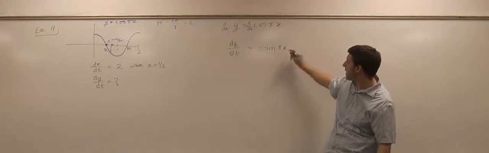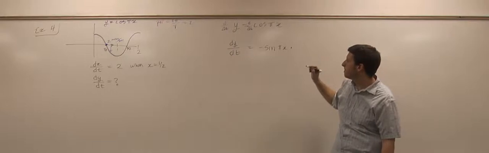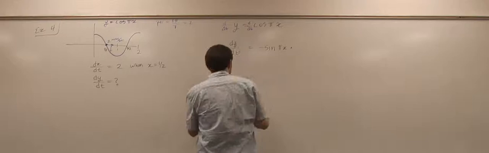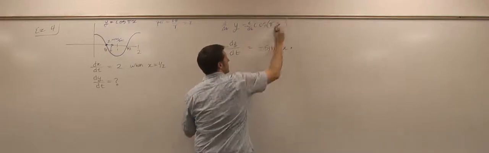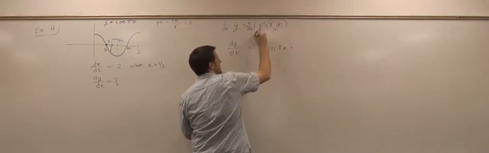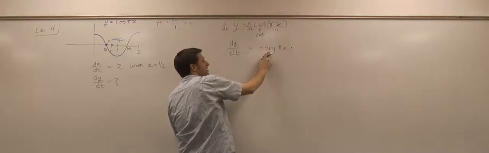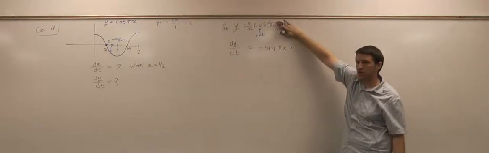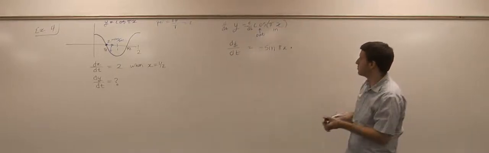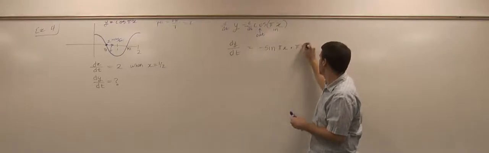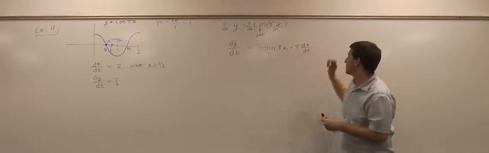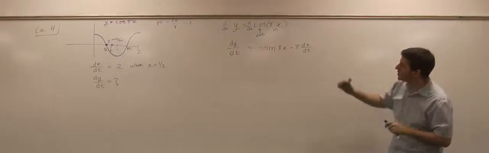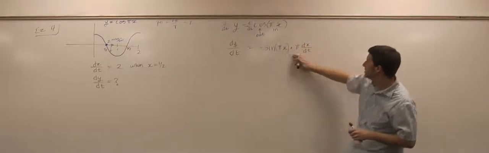So negative sine pi x times what? Derivative of the inside. dx/dt is definitely going to be in there. What else do I need? Pi, right? Derivative of the outside, negative sine. Derivative of the inside, well, usually the x just goes away and leaves you with pi. But since I'm deriving with respect to t, I also get dx/dt. So this is inside of my sine function, and this is being multiplied out.